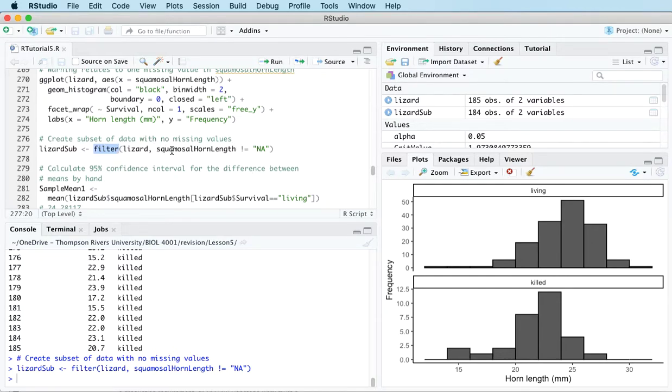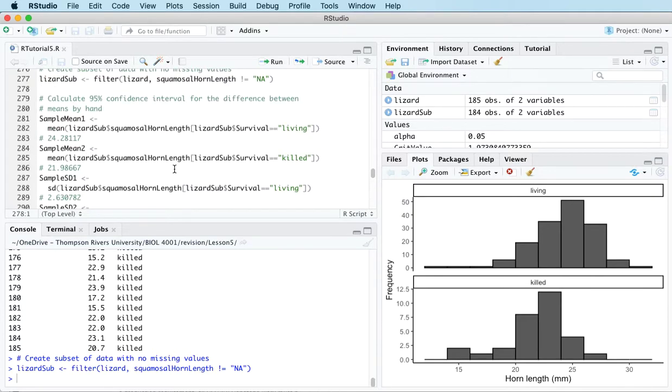And what this does is it filters the original data set, and this code here, exclamation mark with an equal sign, this is read by computers as meaning not equal to. So what I'm doing is I'm filtering this original data set, and I'm keeping everything that has a horn length not equal to NA. So in other words, I'm keeping everything except that lizard number 105.